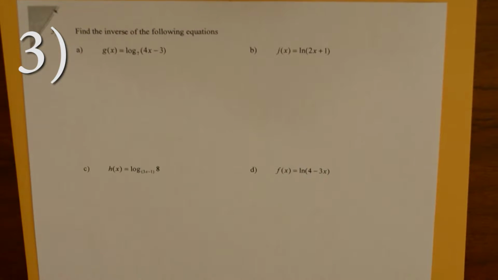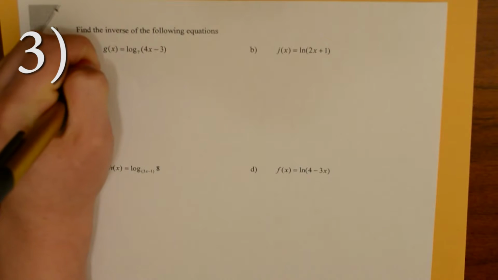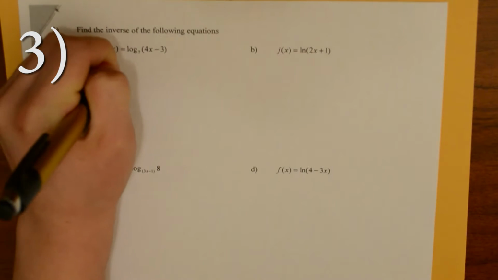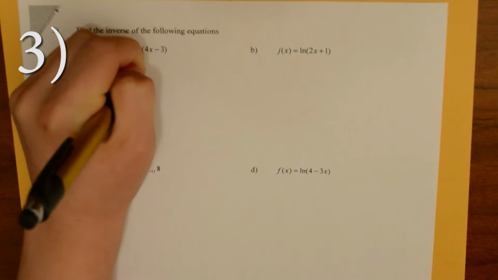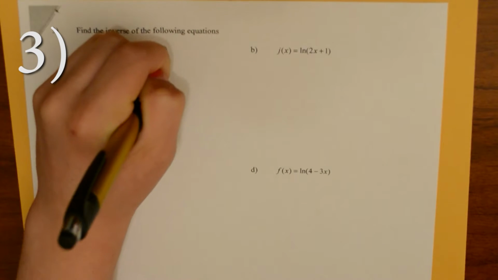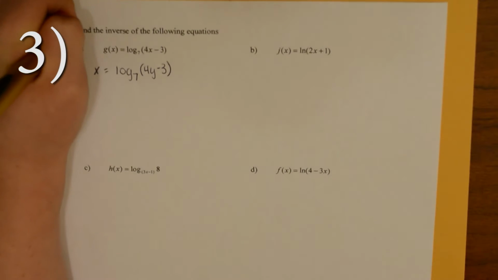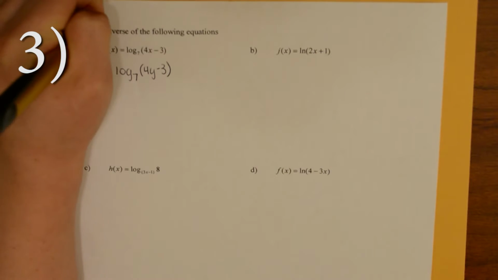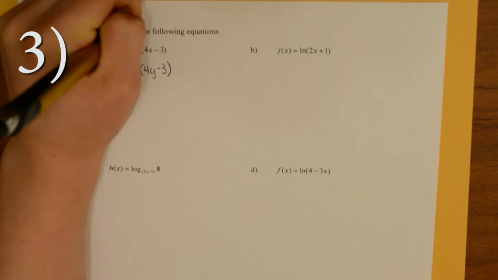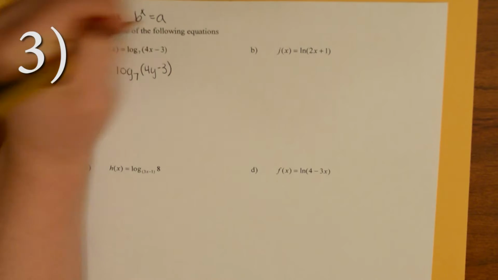So for letter A, we're going to start by swapping our x's with y's and y's with x's, just like before. So we get x equals log base 7 of 4y minus 3. This acts just like the ones we had before when we said log base b of a equals x and b to the x equals a.